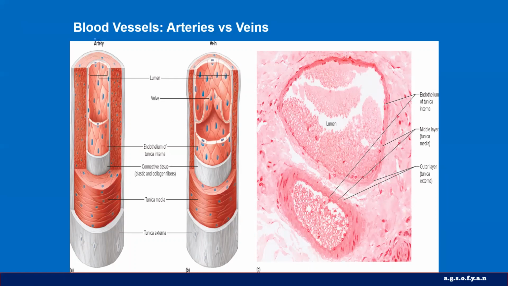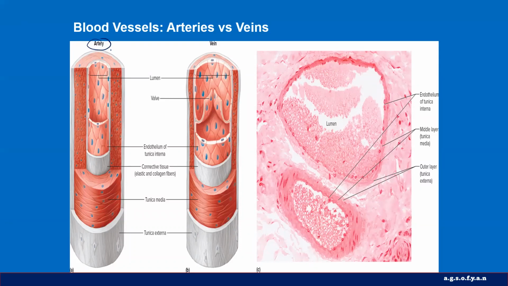The artery, because its function is to carry blood from the heart, and mostly the heart will pump the blood, therefore there is pressure in the artery. So a big pressure in the artery, and also the artery will distribute the blood to the whole body, so they need a structure that fits with these functions.